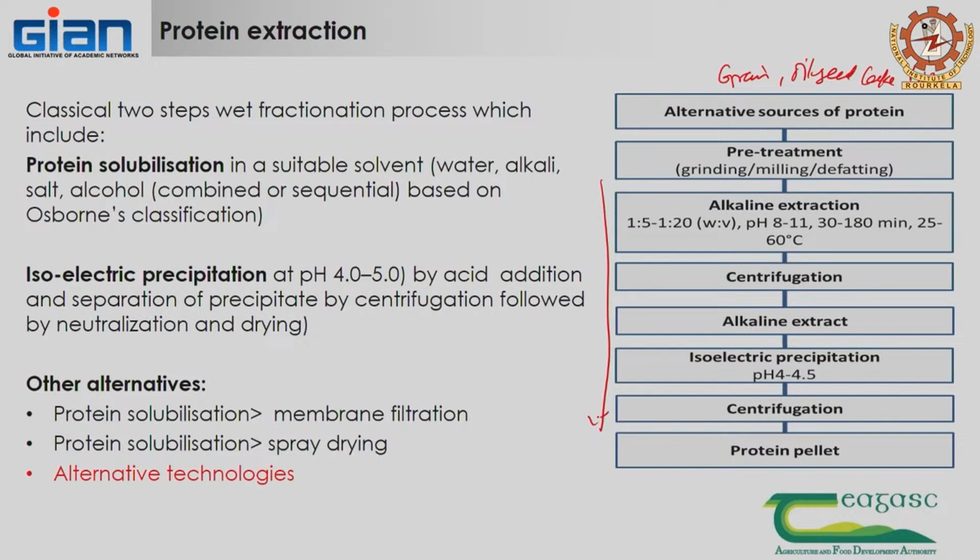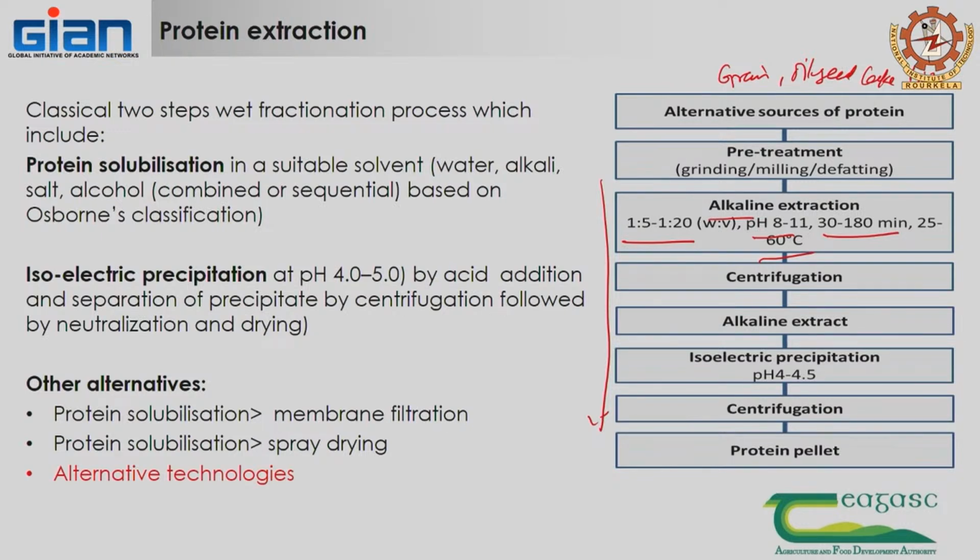We have already discussed the concentration of alkali, ratio weight by volume, pH 8 to 12 or whatever depending upon the best solubility profile of a targeted protein, time and temperature. So, how do we decide what is the best pH for protein extraction?